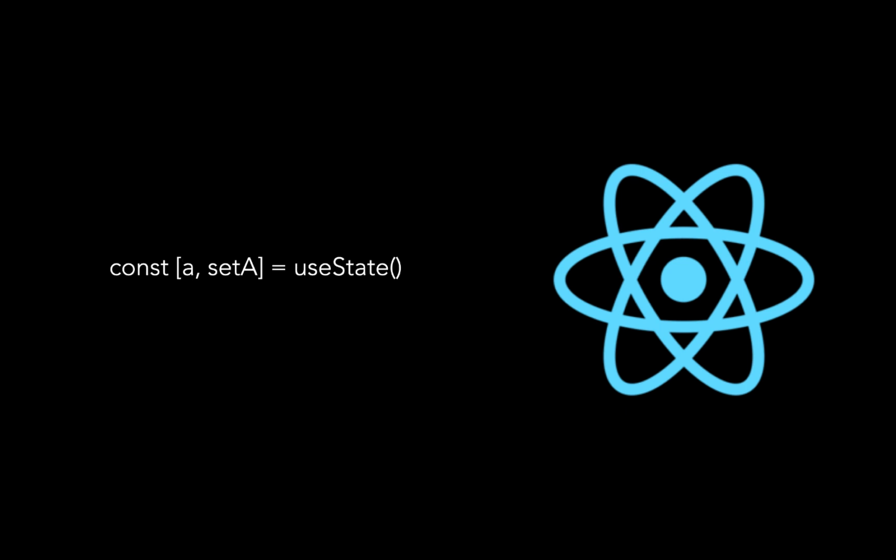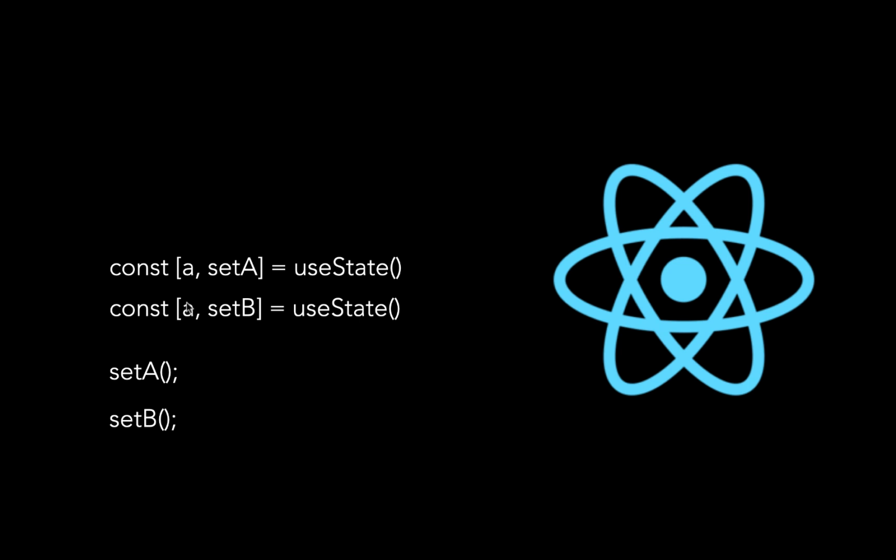Another thing I commonly do is that, let's say you have multiple states, right? You have a state A, and then you have a state B, and let's say inside a function you call set A and set B with two different values, right?